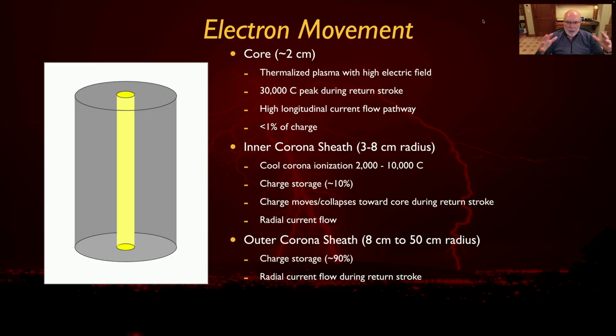And outside of that, you get cooler, less ionization as the electric field again decays, and so it's an area, the outer core, that extends from 8 centimeters out to half a meter, has most of the charge residing in it. About 90% of the charge is located in this outer corona sheath. And again, when there is a return stroke, there's rapid movement of the charge stored on that sheath inward towards the core itself.